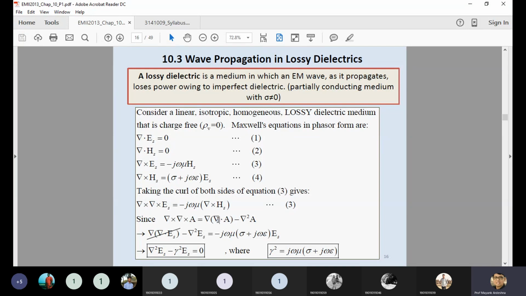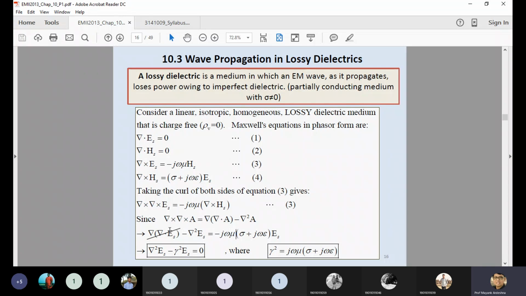So it's basically a vector identity that is utilized, and the left hand side will be replaced with del of del dot E minus del square E. On the right hand side, you have j omega mu into del cross H, and del cross H we have to replace with equation number 4. If you replace with equation number 4, finally you get j omega mu into sigma plus j omega epsilon, into E.